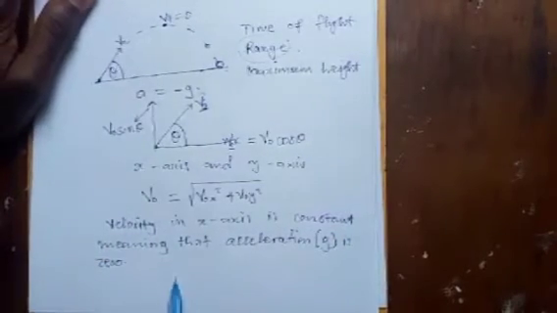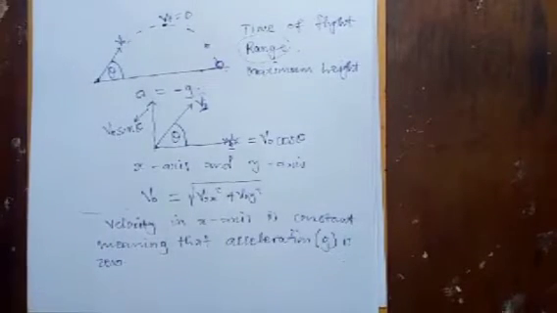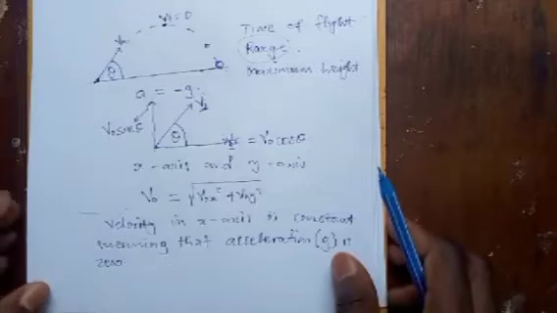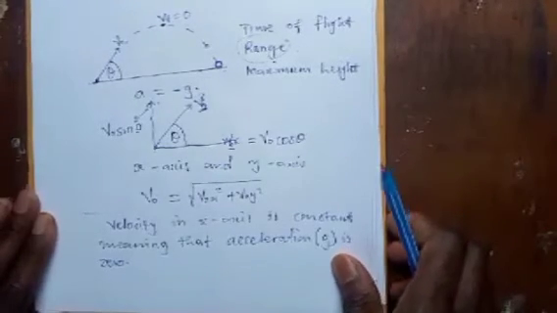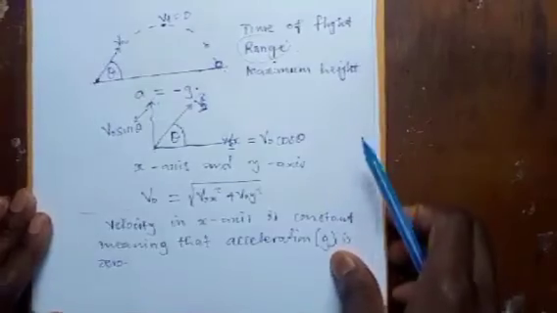Take note down, take this point down, because it is very, very important, and it is the only point which is going to be helping us when it comes to calculating many questions based on projectile motion.